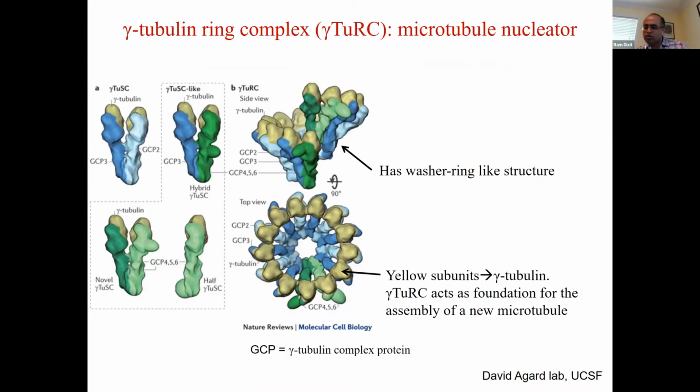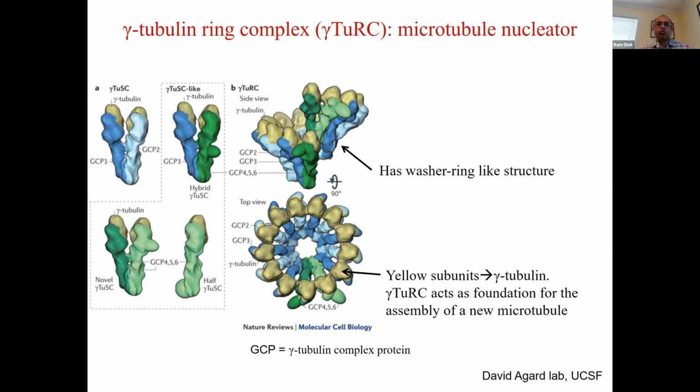All right, so I'll go through this again. The purpose today is not to go into details. I just wanted to mention this because this is an important complex, the microtubule nucleation complex. It's a multi-protein complex. One of the components is a version of tubulin called gamma tubulin. There are several different versions of tubulin.